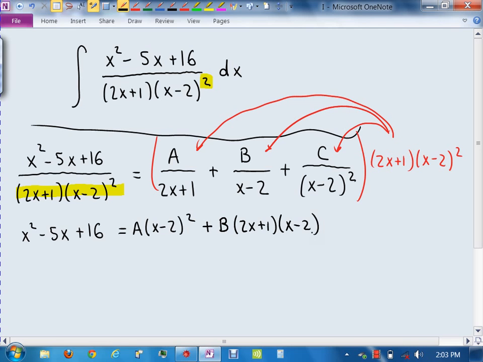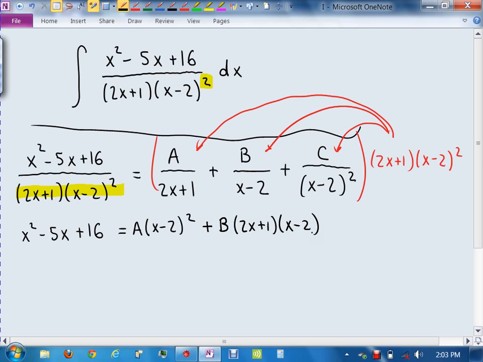Yes? I might be confused, but I thought if there was the power still on the bottom on the denominator on C, it'd be Cx plus D. If this, what? On top. Oh, the top. If what was in the parentheses was quadratic, you would put a Cx plus D. But if it's linear, don't worry about the power.